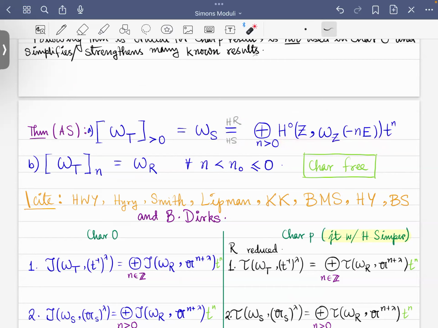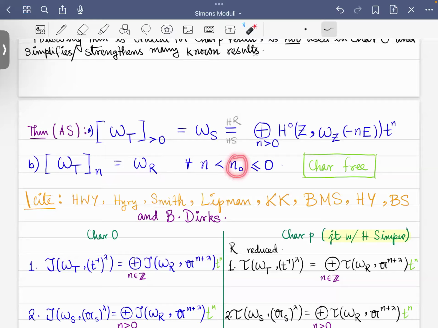So that's how the positive degree part of the canonical module of the extended Rees algebra looks. On the other hand, in the negative degrees, if we go sufficiently negative, then they all become just ω_R. When we assume that S is Cohen-Macaulay, then this is true for all non-negative degrees.